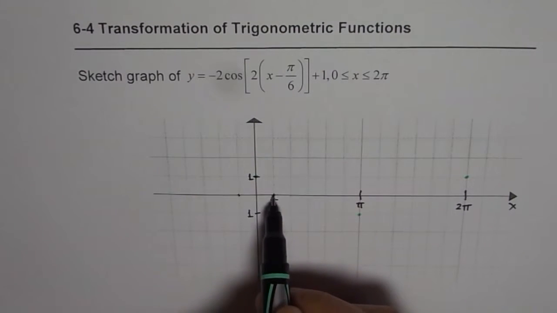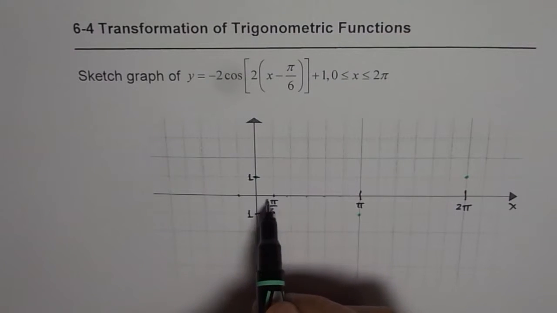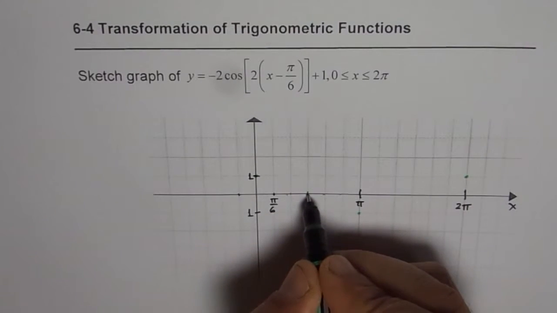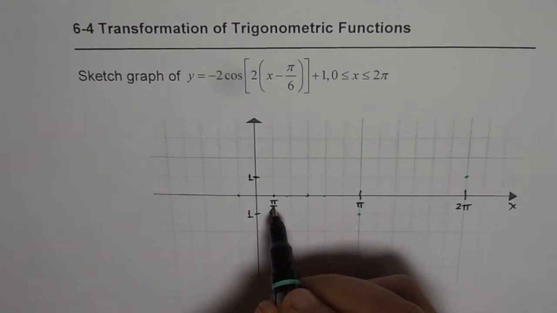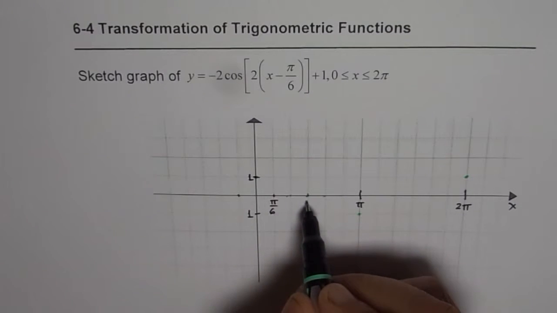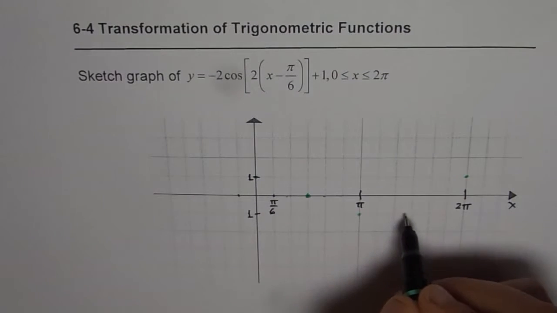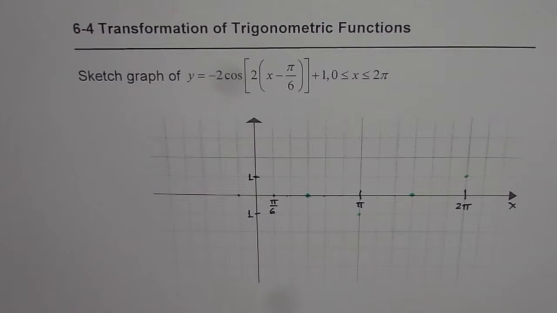Since we have 6 divisions, we have to take half. So this is 1 pi by 6, 2 pi by 6, 3 pi by 6 gives you pi by 2. Do you see that? So the third point is right there in the center. So 1, 2, 3, that is pi by 2 for you, right?